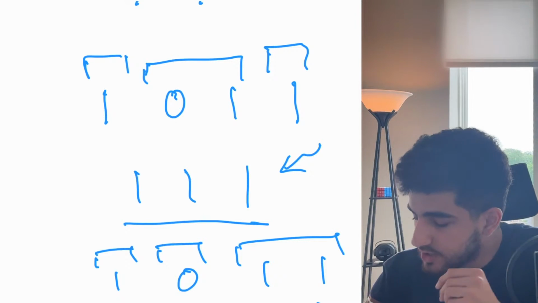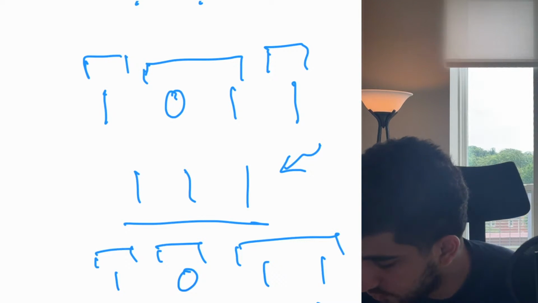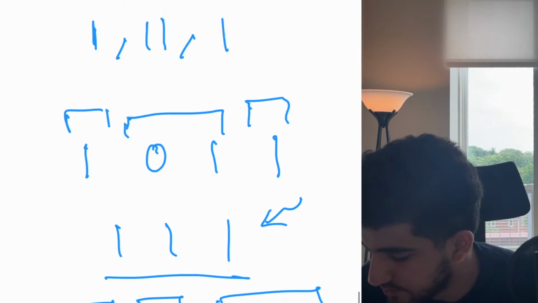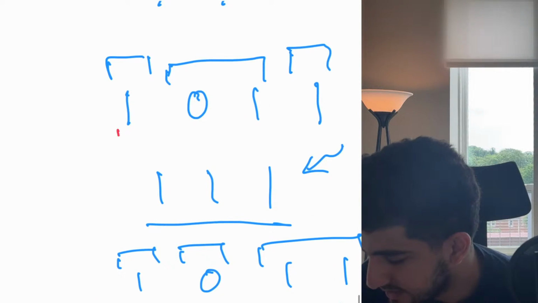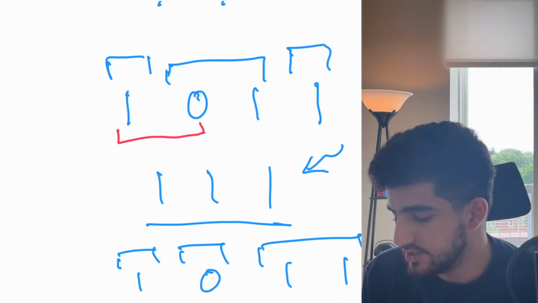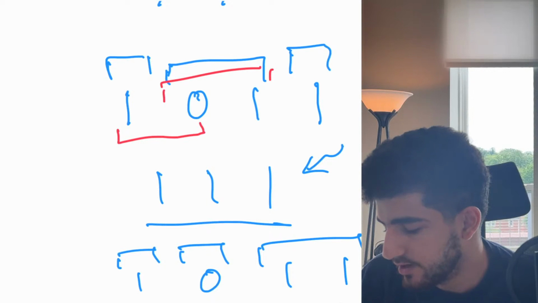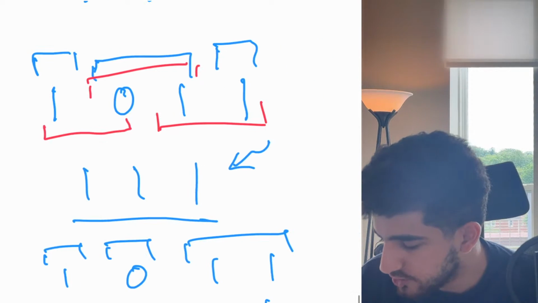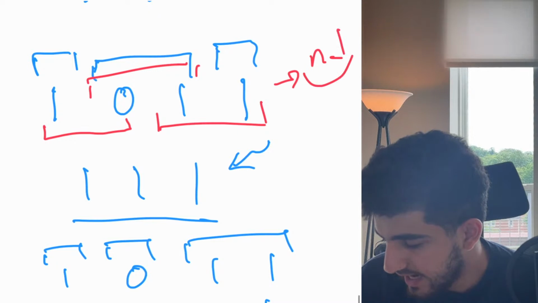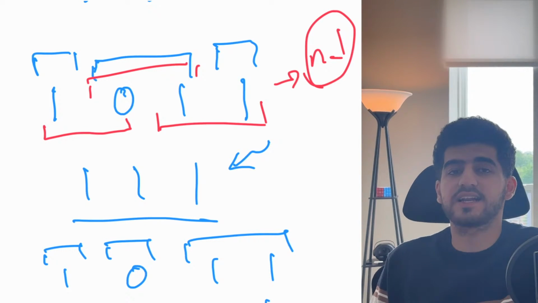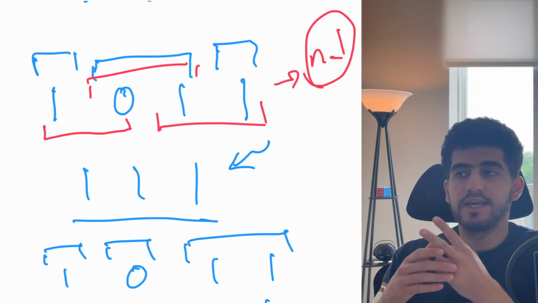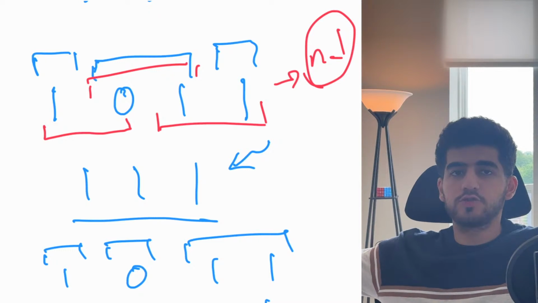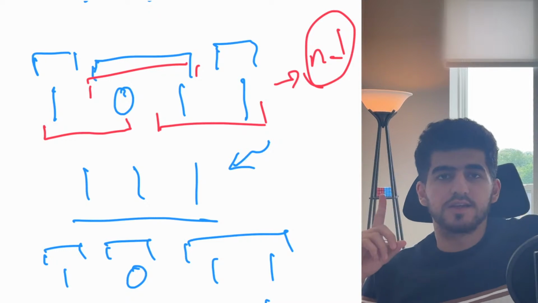So I consider all these cases. I do not only consider the case that I match these two numbers. I consider the case that these two digits will be a number, these two digits will be a number, and these two digits will be a number. So there are n-1 choices for this. For each choice, we have exactly one number with 2 digits and n-2 numbers with 1 digit.